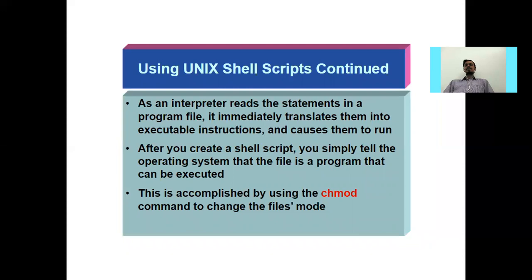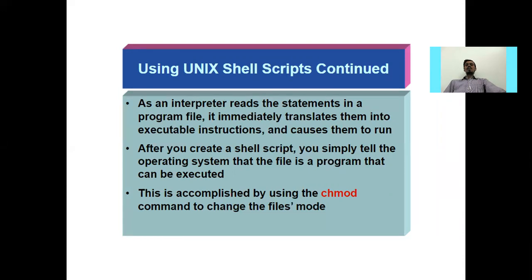Next slide: an interpreter reads the statements one by one in a program file and immediately translates them into executable instructions and causes them to run. The Unix shell interprets commands one by one in the program file and immediately translates them into executable instructions to run.